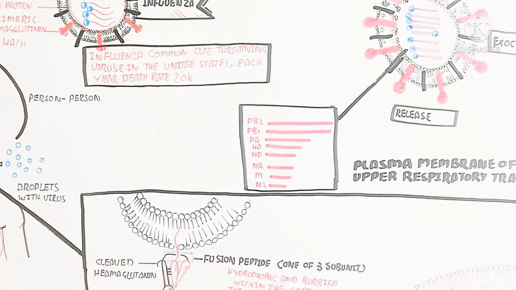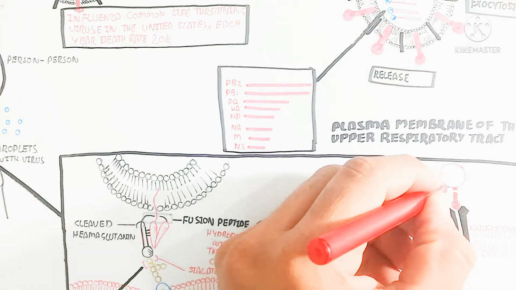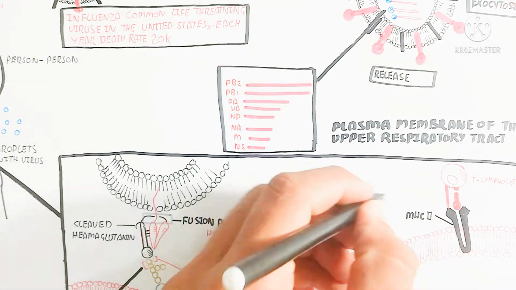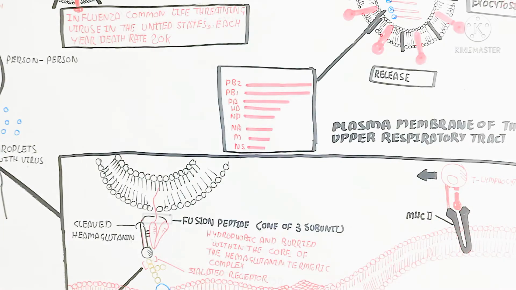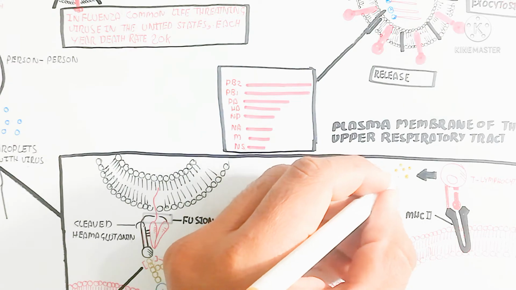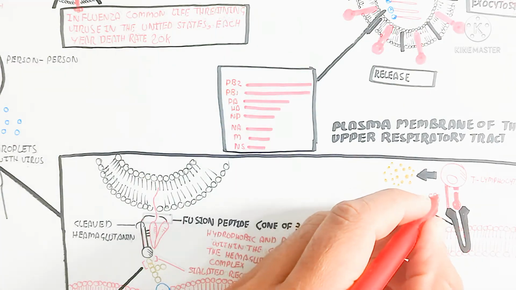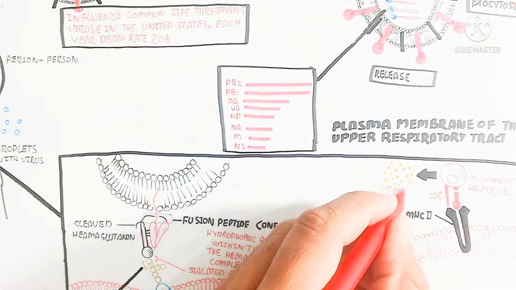So let's begin to understand the important thing, the immune response, and how it is possible. The upper respiratory tract contains MHC class 2 molecules, which act as antigen presenting cells to present the antigen, a piece of the virus, by binding with the CD4 T lymphocyte, the helper cell.